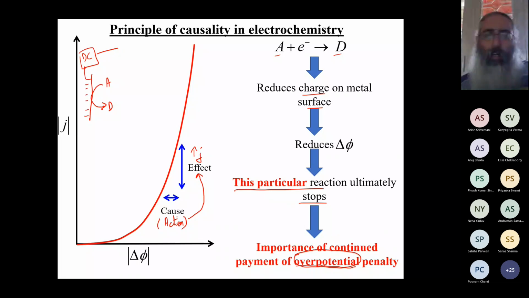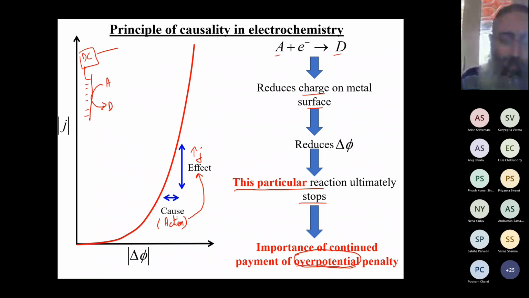So there are two ways. One, you make the qualitative argument and then convert it to quantitative mathematical terms. That is something we saw earlier. And now, because of the final form expression that we get, it can loop back and lead to the fundamental concept that we discussed earlier, that overpotential cannot be a one-time penalty.